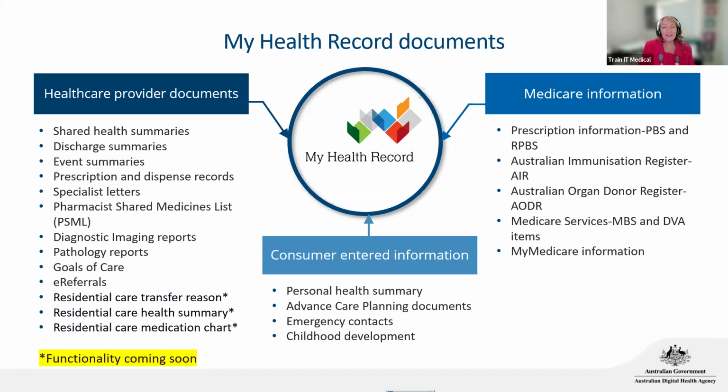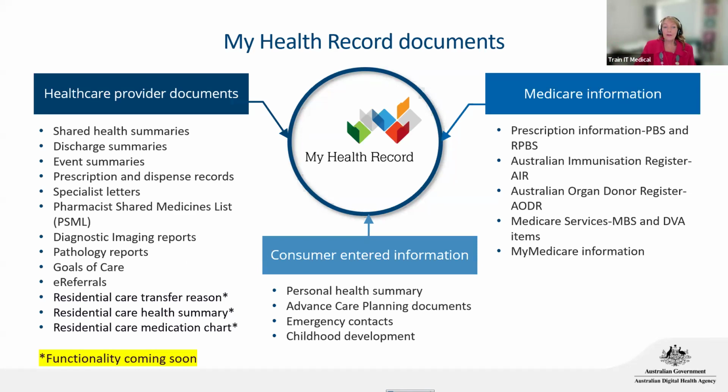And there is no way in the world my 86-year-old mum could remember the medications. So that information just flows in there, PBS information, dispense information from hospitals, pharmacies, and what GPs have prescribed goes to My Health record.